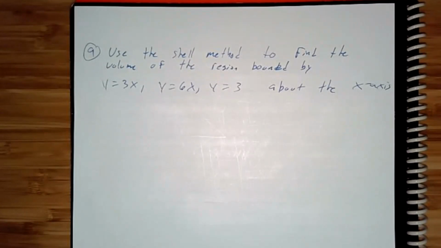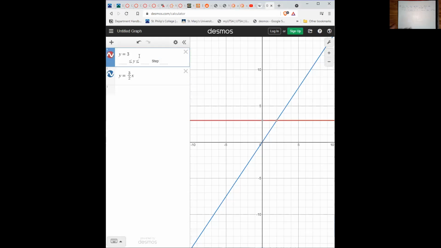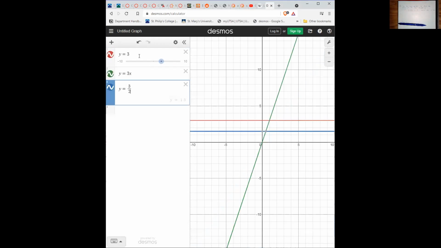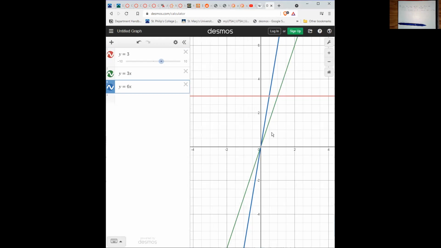All right. Let's graph this stuff over here just to save some time. So y equals 3 is already there. That's cool. y equals 3x. y equals 6x. Okay.